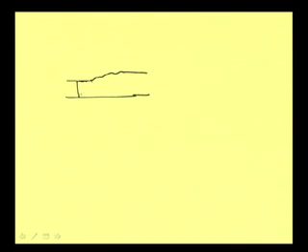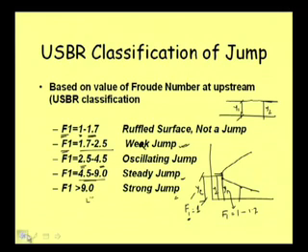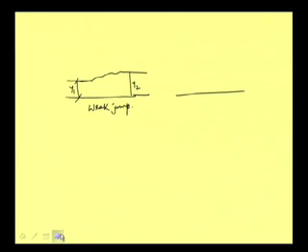So this y1 and y2, this we can call a weak jump. Okay. And then the next jump, and this range is, as we have indicated, 1.7 to 2.5 F1. Then F1 is equal to 2.5 to 4.5.